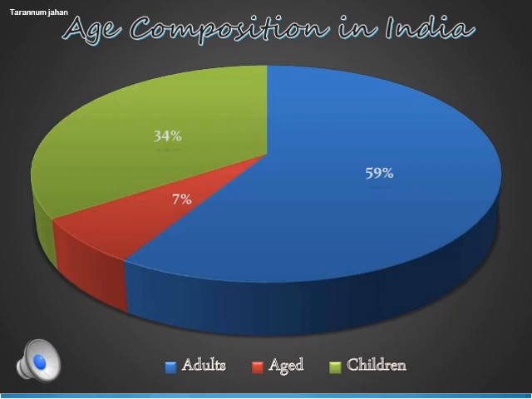Then the remaining 34% is the children, and they are unproductive. We have to provide them with food, clothing and shelter. So this 34% comprises the children group, up to the age of 15 years, this 59% is from 15 years to 59 years, and this 7% is above 59.